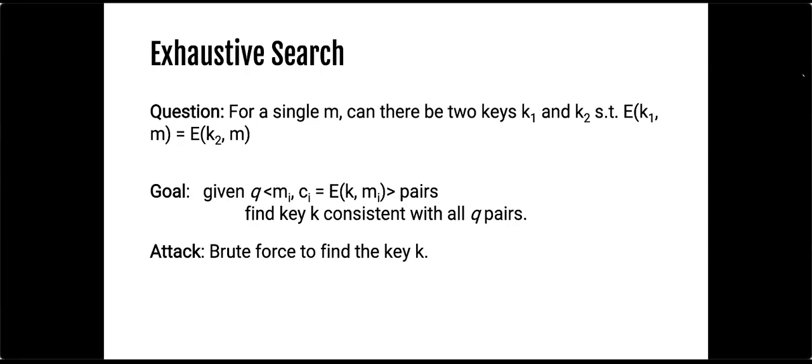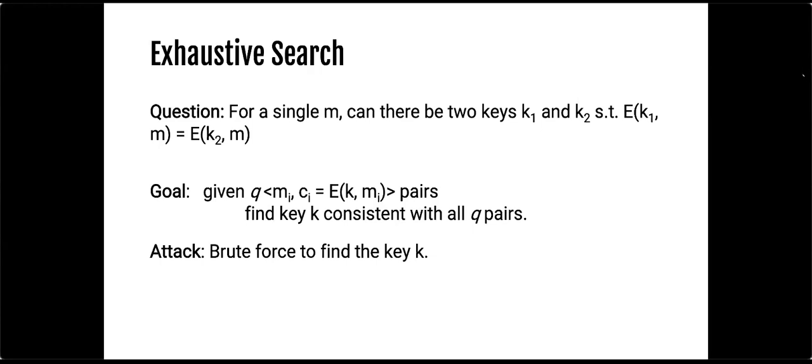This is the reason why this could happen. But if we have many messages, many pairs, this becomes very unlikely, because it's very unlikely that two different keys manage to encrypt many plain texts to the same ciphertexts.